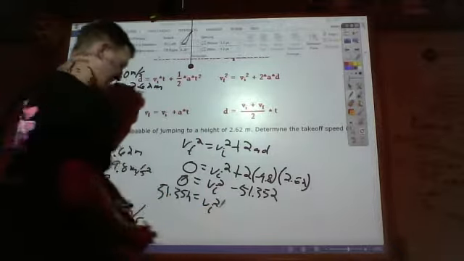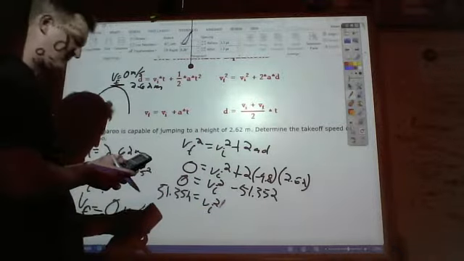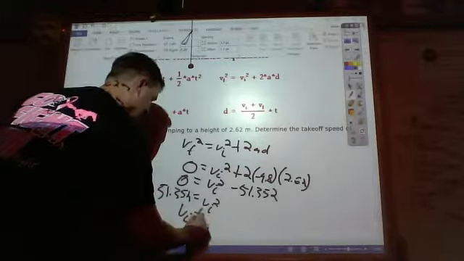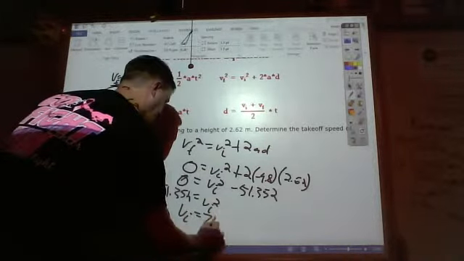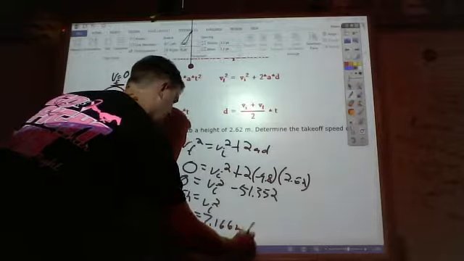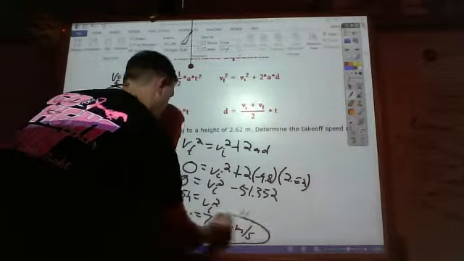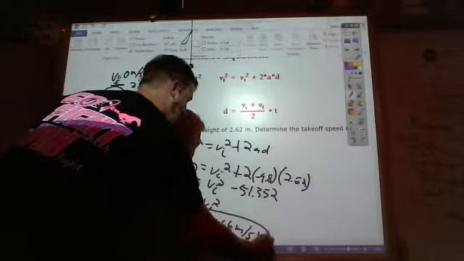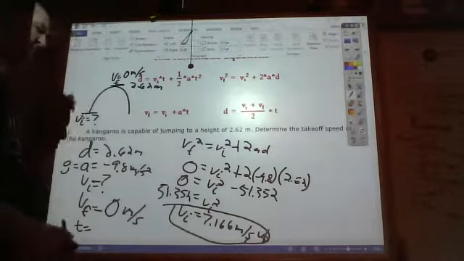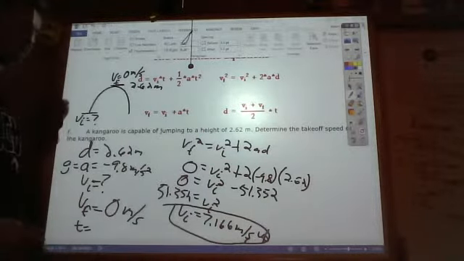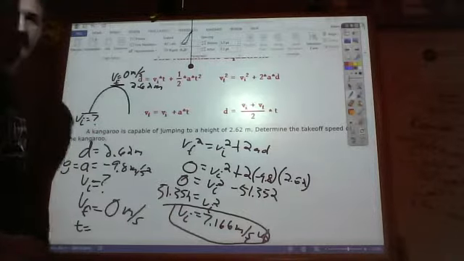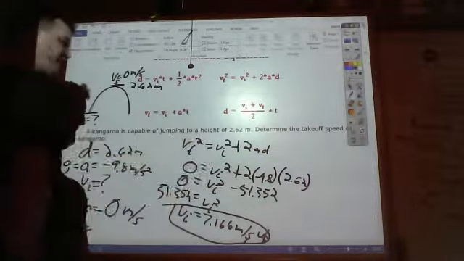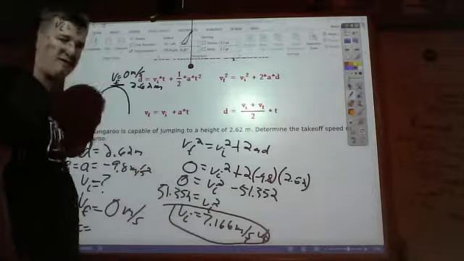And so VI squared is 51.352. If I find the square root of this, I can know that the kangaroo jumped up at 7.166 meters per second. And there is your takeoff speed. That's how fast they were going when they took off.